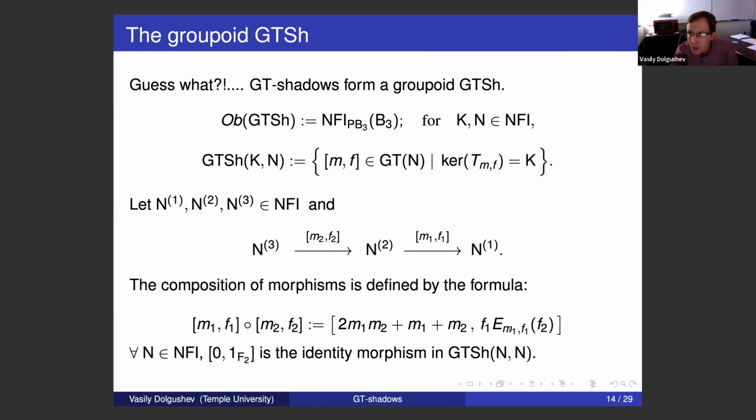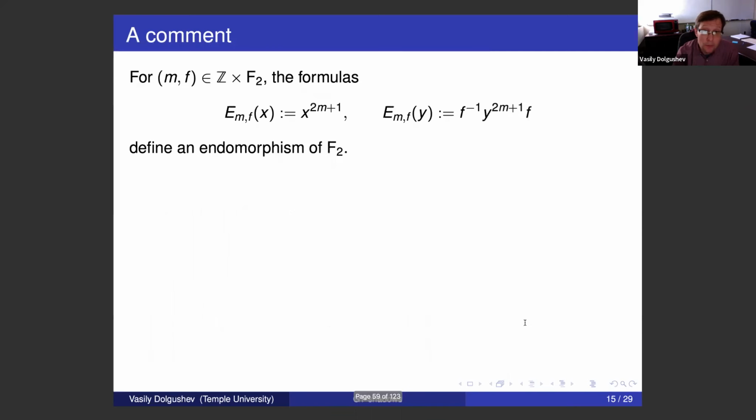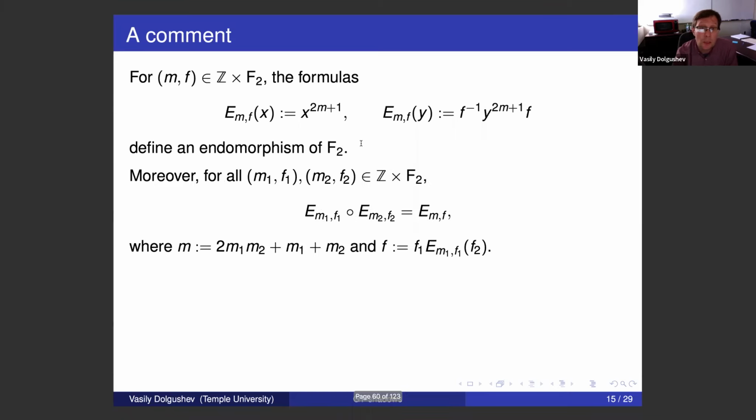The only thing that's not defined is E, but we had a similar E. In the next slide, I'm going to tell you a little bit more about this E. It's actually a pretty explicit endomorphism of F2. If you like, it's just this: given M and F, this formula defines an endomorphism of F2.